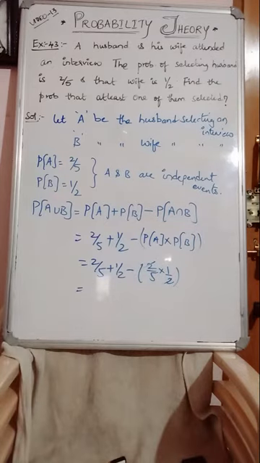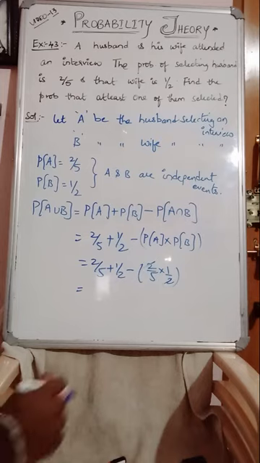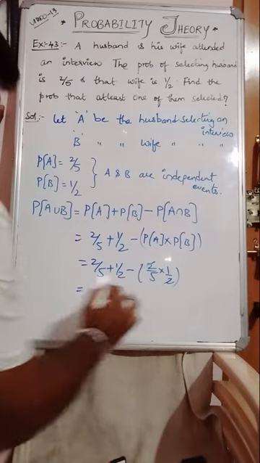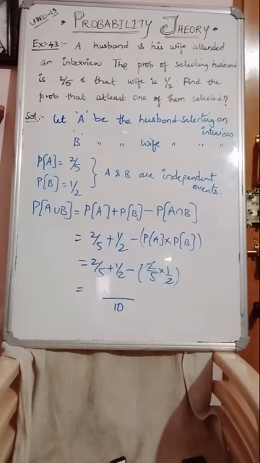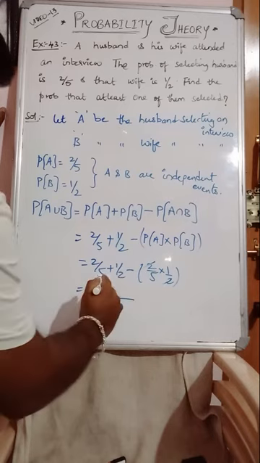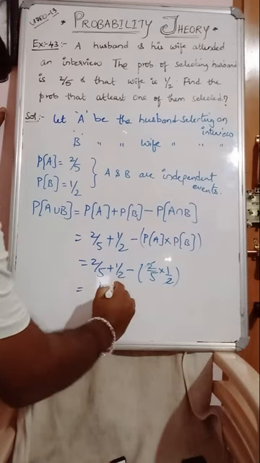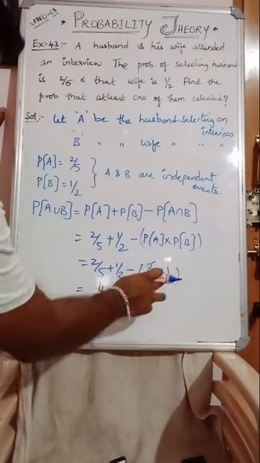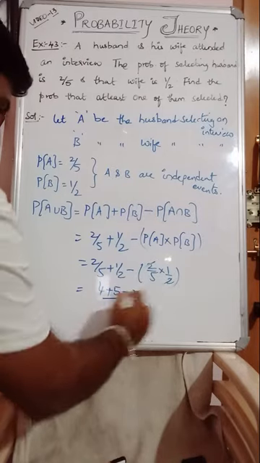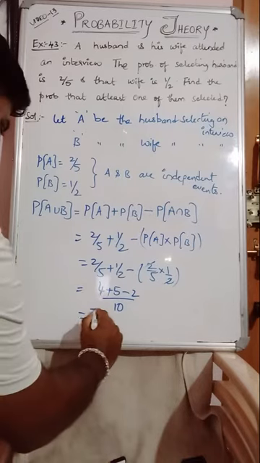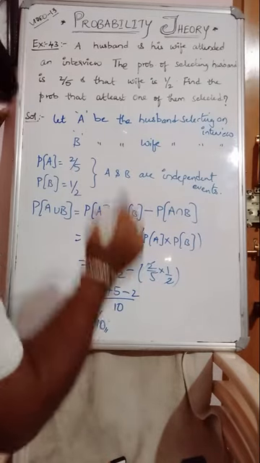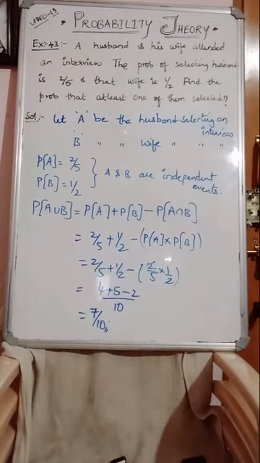LCM of 2 by 5 plus 1 by 2: the LCM will become 10. 5 goes 2 times, 2 2's are 4, plus 2 5's are 5, minus 1 by 5 remaining. So 4 plus 5 is 9, 9 minus 2 is 7. The answer is 7 by 10. Do you understand, guys?